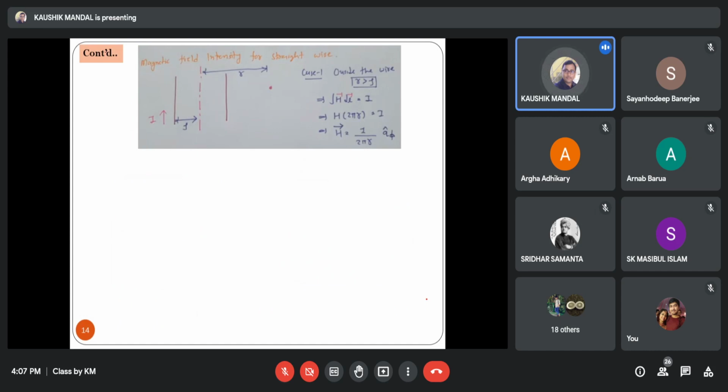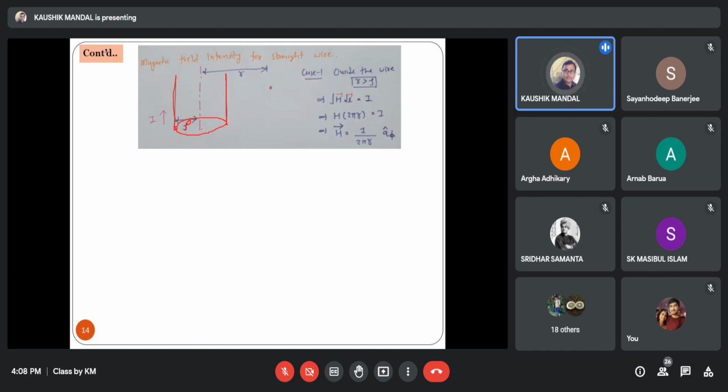Now, instead of a single thin wire, if we consider this type of current carrying conductor with radius rho, this is a cylindrical current carrying conductor, with a radius of rho.